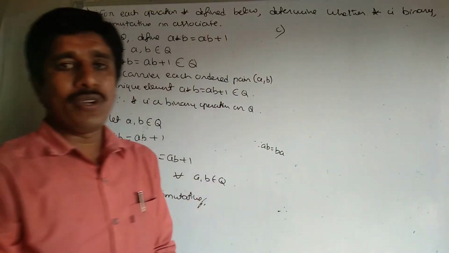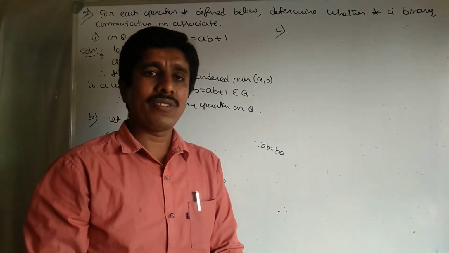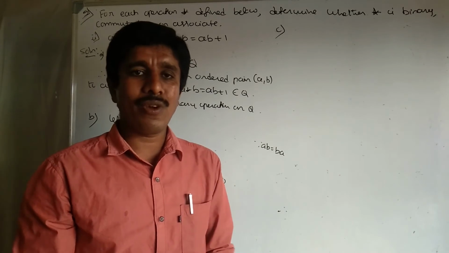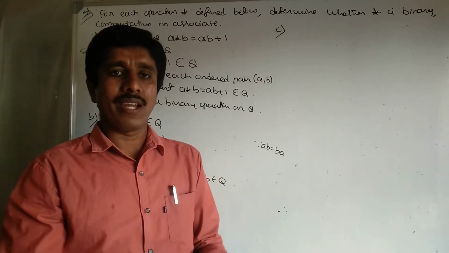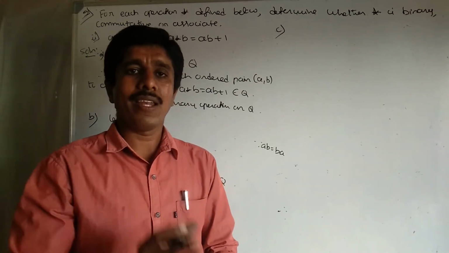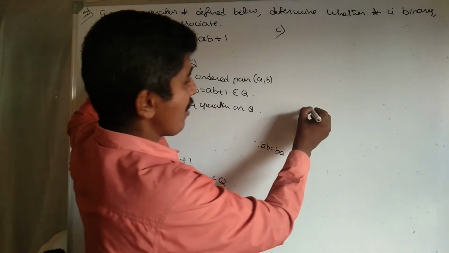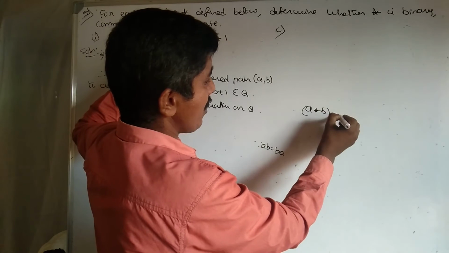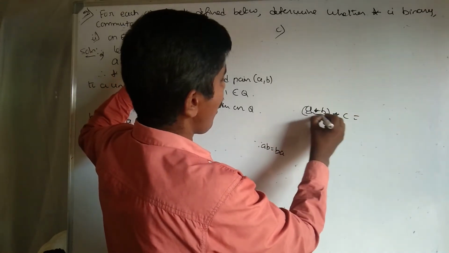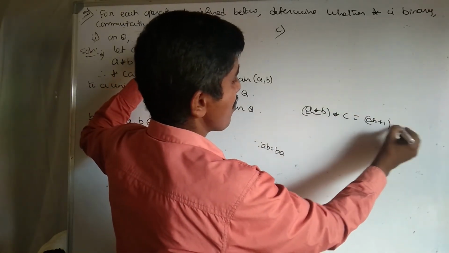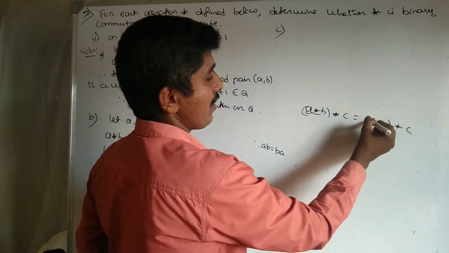Next, associative property. Mind it, if you don't know, by taking elements we can prove whether it is associative or not. If you know, you can directly prove by taking particular numbers that it is not associative. Here (A star B) star C: A star B we define as AB plus 1, and star C gives (AB plus 1) C plus 1.